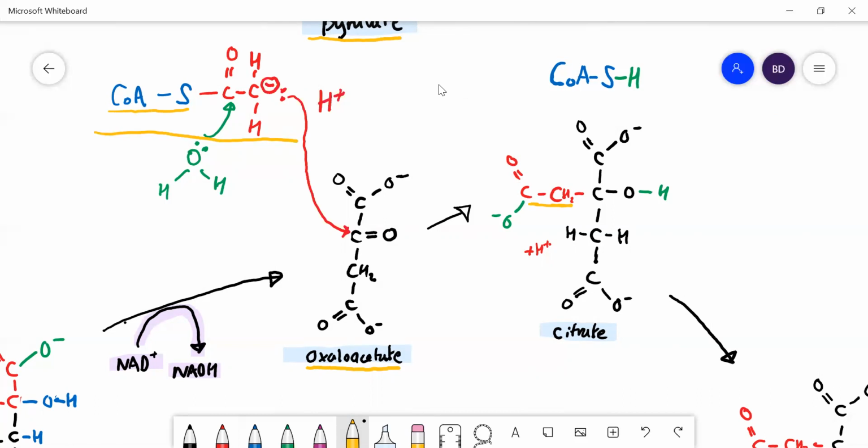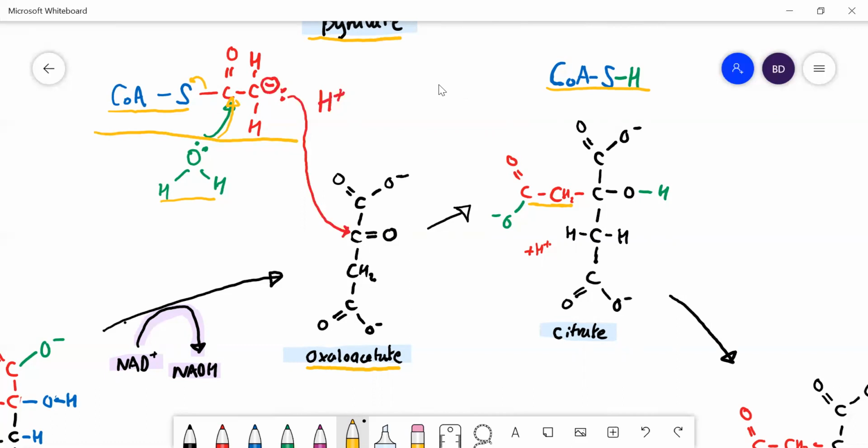So the water, this green water here, the pair of electrons will move onto that carbon, and then that pair of electrons will end up going to the sulfur there, and you'll end up with regenerated coenzyme A there.